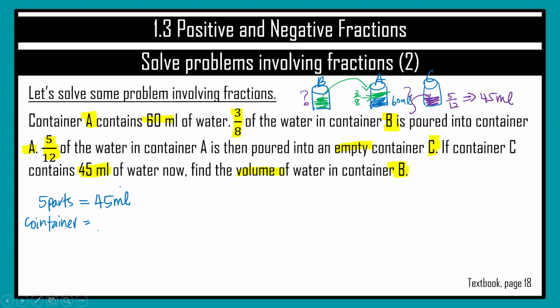I want to find the volume of container C. So I know there are 12 parts. Out of the 5, multiply with 45.